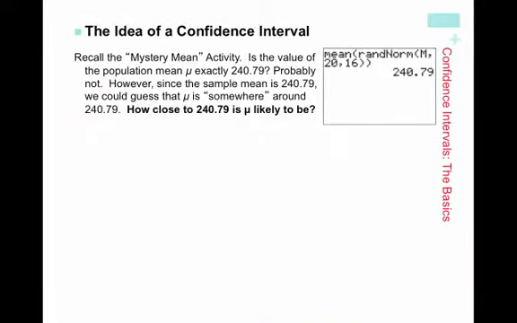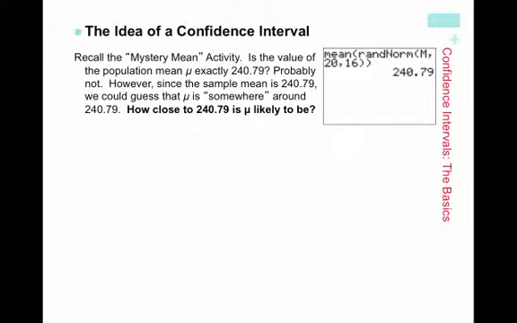So let's go back to this activity. Is the value of the population mean mu exactly 240.79? It might be, but it probably isn't. But we know that the sample mean is 240.79.